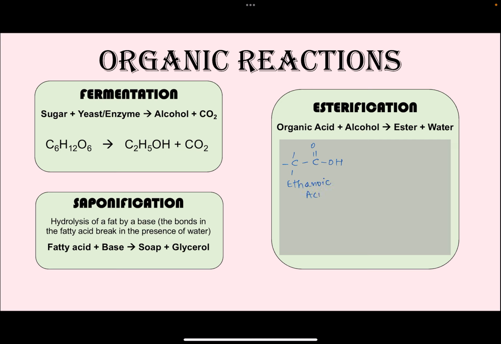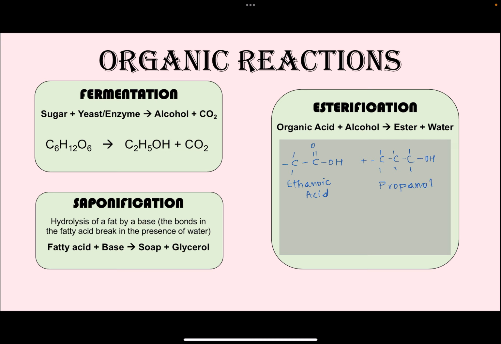And then let's think about an alcohol. So alcohols are supposed to have an OH. So maybe do like 3 carbons. So 1, 2, 3. Put an OH over here. And then put your hydrogens for the rest of them. So this is going to be propanol.